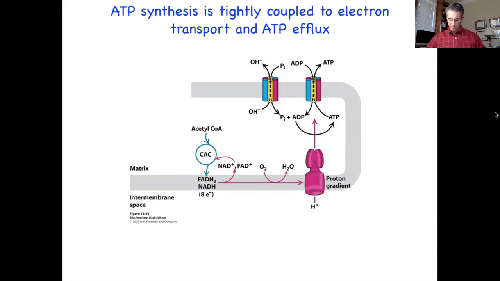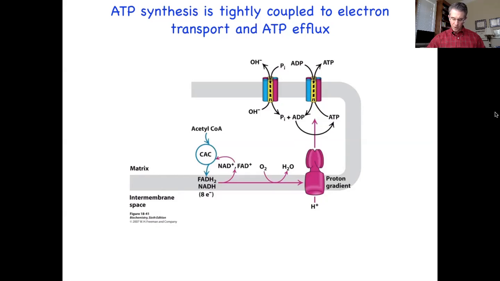And the F1, F0 and the oxidative phosphorylation cascade is directly connected to the activity of a couple of antiporters. One of these antiporters is important for getting ADP into the mitochondria. And when ADP is imported in, that antiports the ATP the F1, F0 just made, back out into the cytoplasm, some of it anyway.